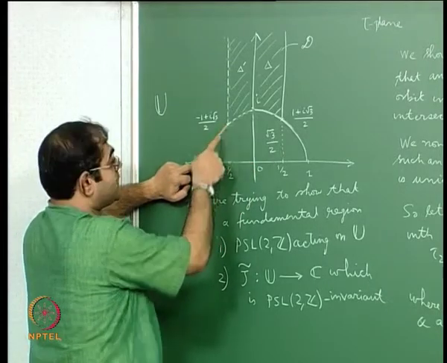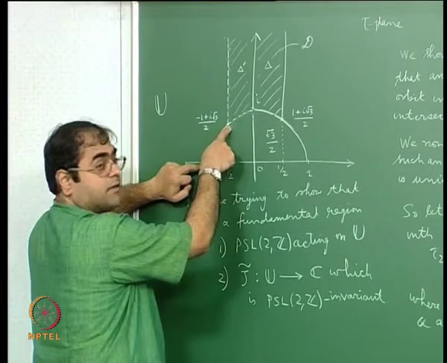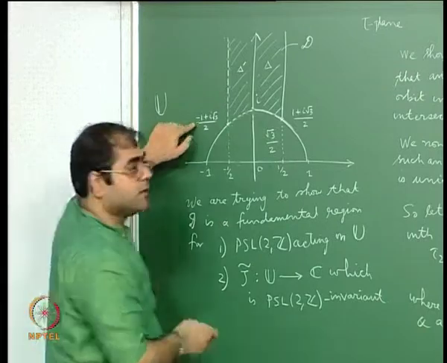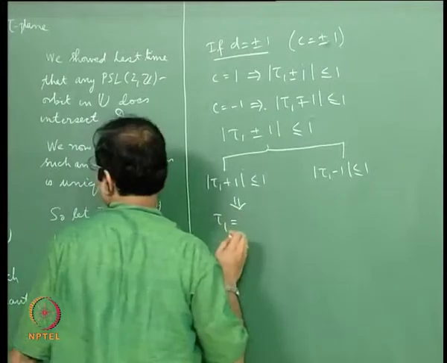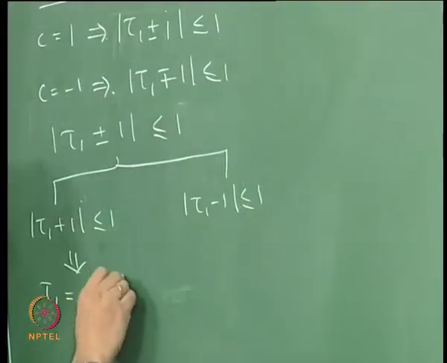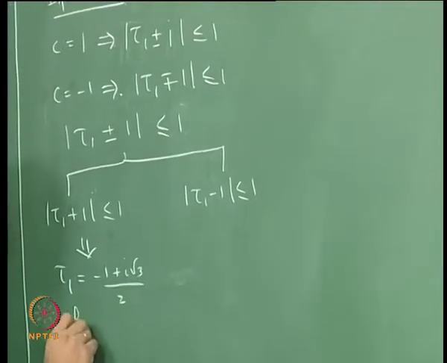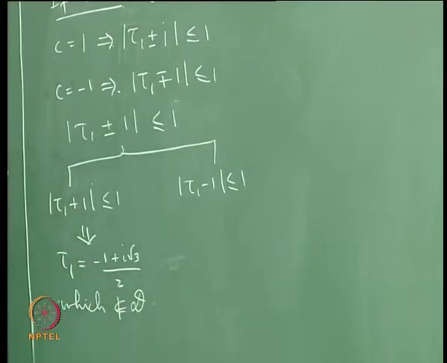So that means that the only solution is tau 1 is this, but that is not possible. So this implies that tau 1 is minus 1 plus i root 3 by 2, which does not belong to script D. So this case is not correct, this case will not occur.